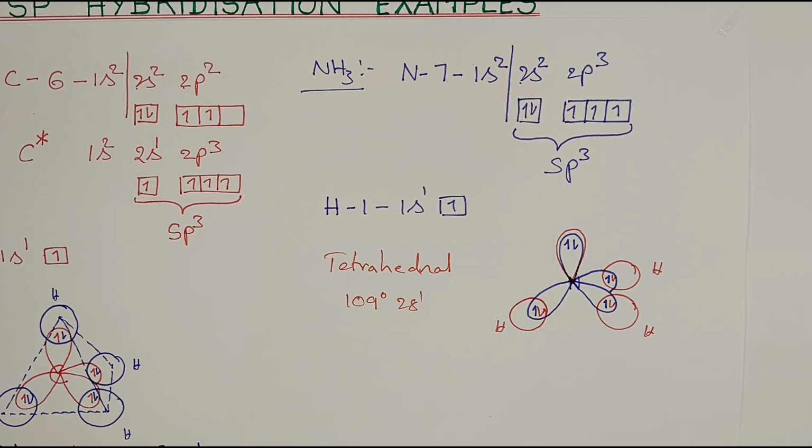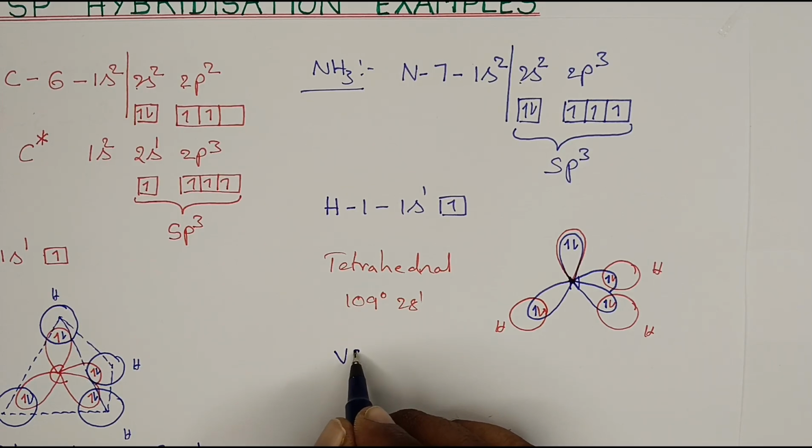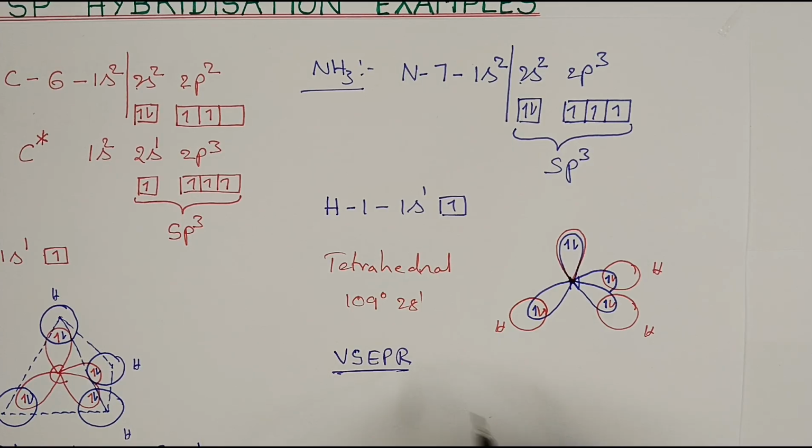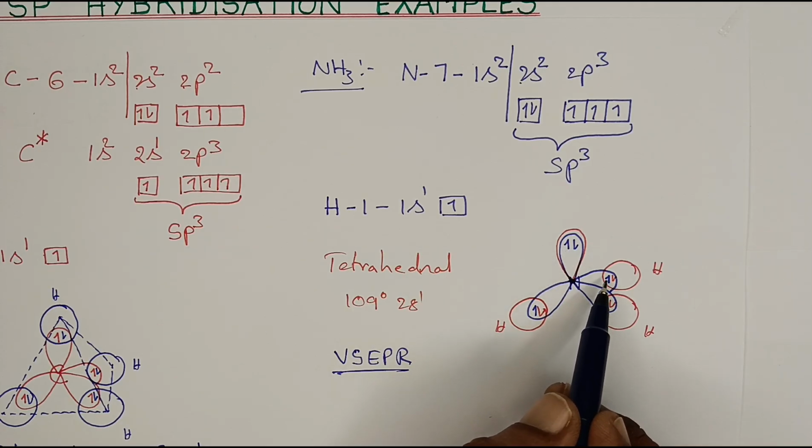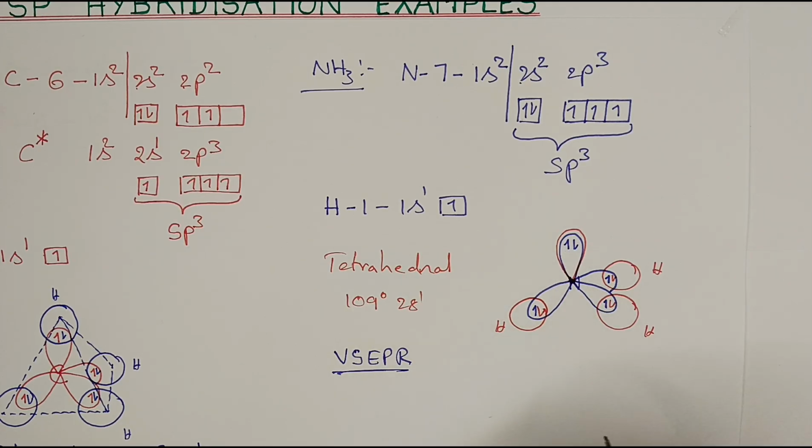But according to valence shell electron pair repulsion theory, due to the presence of lone pair and bond pair repulsions, the structure is NH3 with one lone pair and 3 hydrogens.